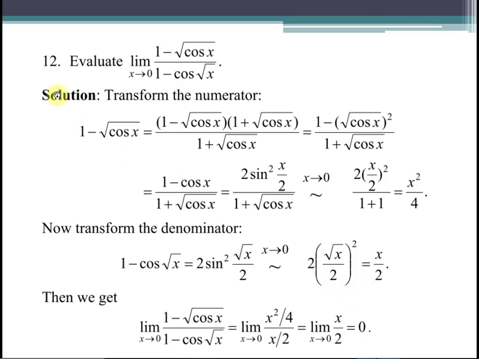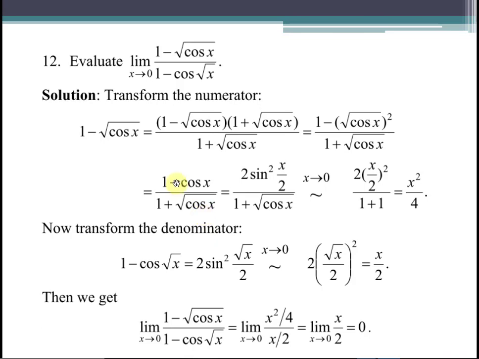Okay, now number 12. Evaluate the following limit. Firstly, let's transform the numerator. Here, we need to multiply with the conjugate plus and divide by it. So here we have 1 minus cosine x, just because the square root of cosine squared gets cosine x. And in the denominator we have 1 plus square root of cosine x.